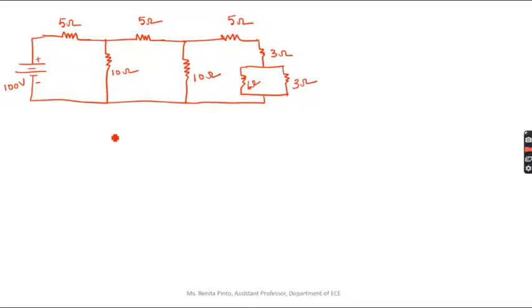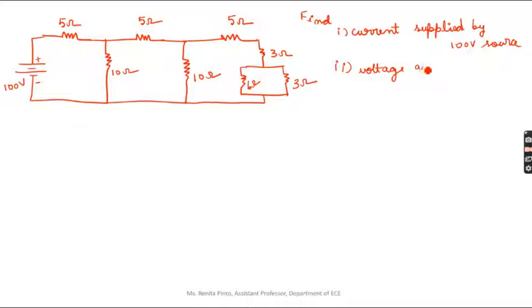You have to find, first question, the current supplied by the 100-volt source, and the second question, you have to find the voltage across the 6 ohm resistor. So let's see how to solve this.